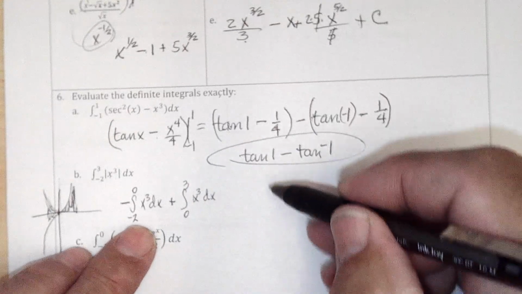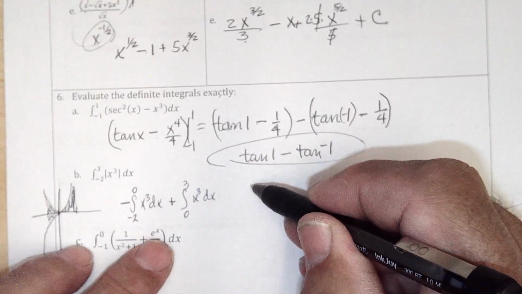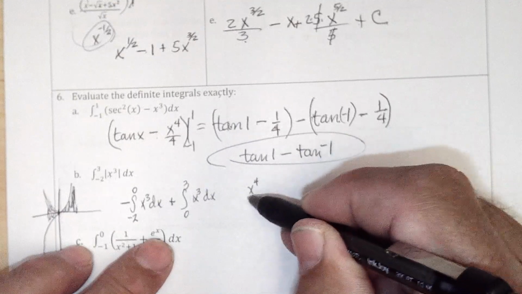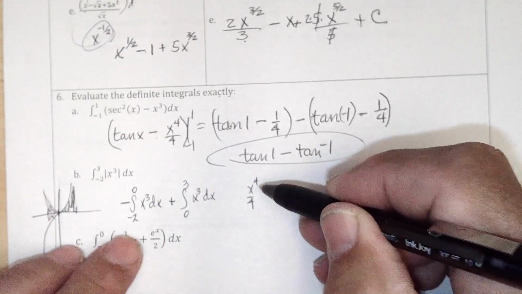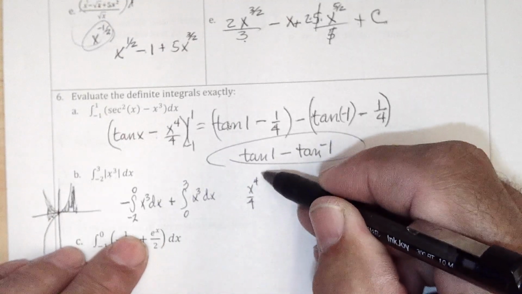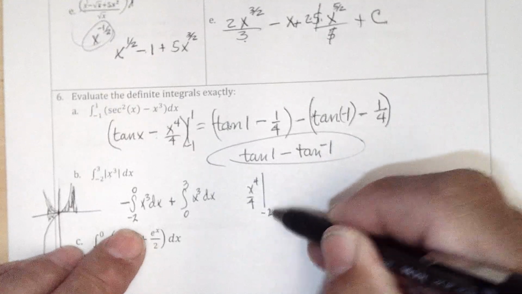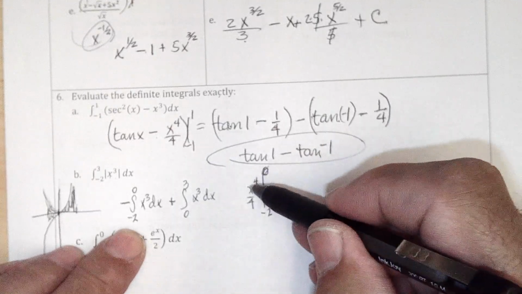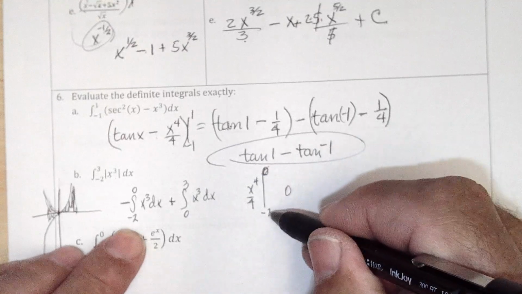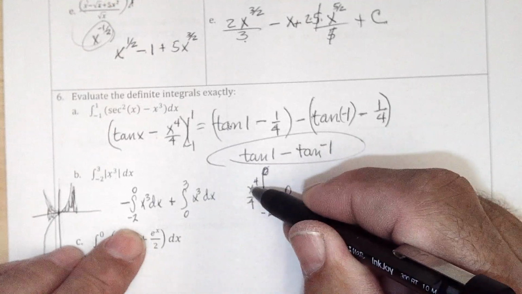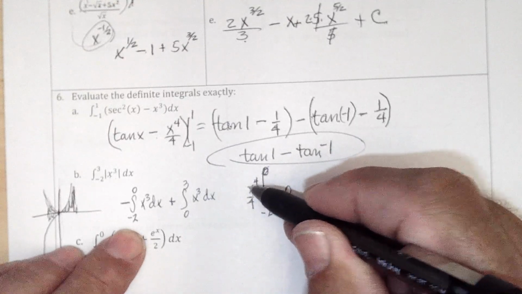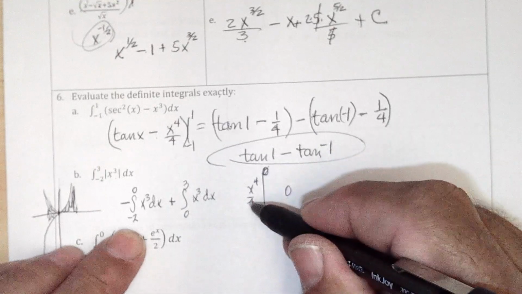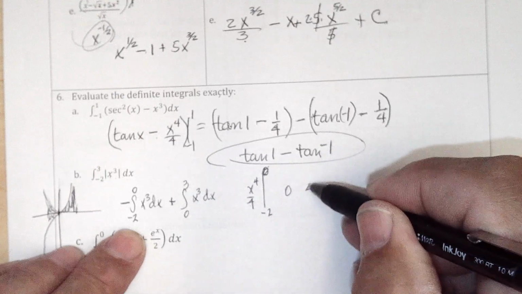Of course, the integral of x cubed is x to the 4th over 4. And if we evaluate that from -2 to 0, by putting in 0 first, we get 0. Putting in -2, we get -2 times -2, 4, 8, 16 over 4, or 4.